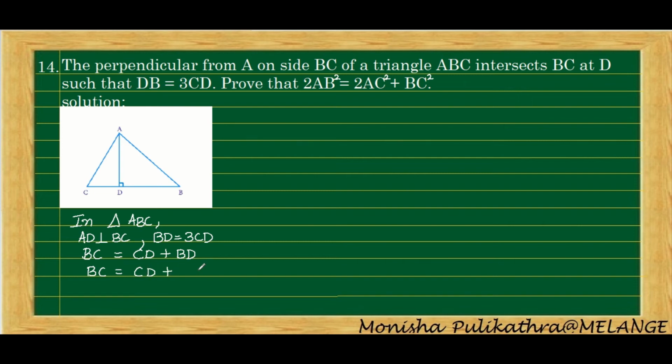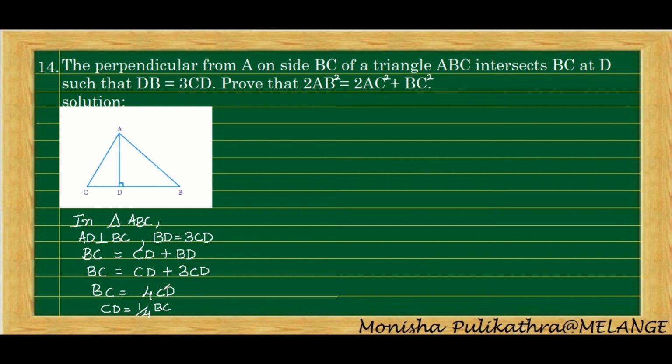So instead of BD we can write 3CD, right? So BC will become 3CD plus CD, which is 4CD. So what is CD? If you shift this 4 here, CD will become 1/4 of BC.